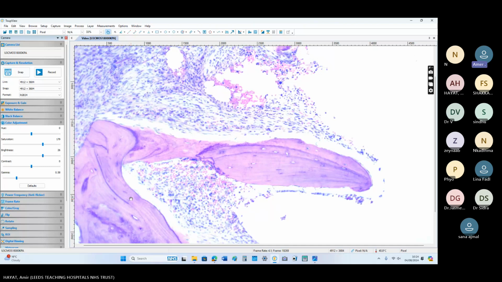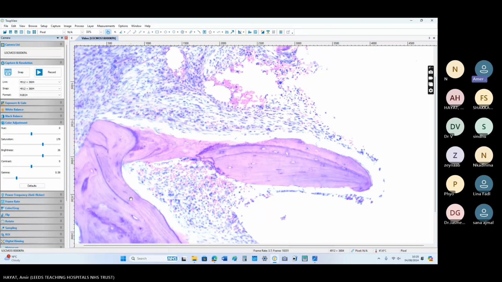But you need criteria to diagnose systemic mastocytosis. Do you know the major and minor criteria? I don't remember, but maybe more than 30% mast cells in the biopsy is a major criterion. In the major criterion, you need an aggregate of more than 15 mast cells in the marrow or in any other organ in which you are suspecting mastocytosis. For minor criteria, number one is more than 25% spindle-shaped mast cells.